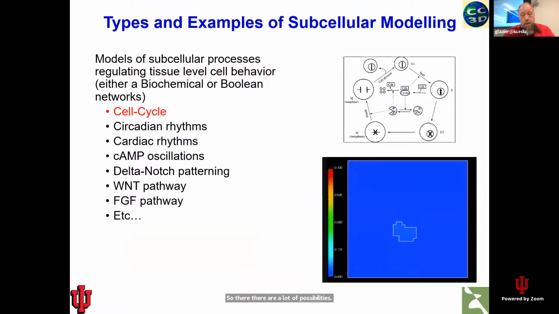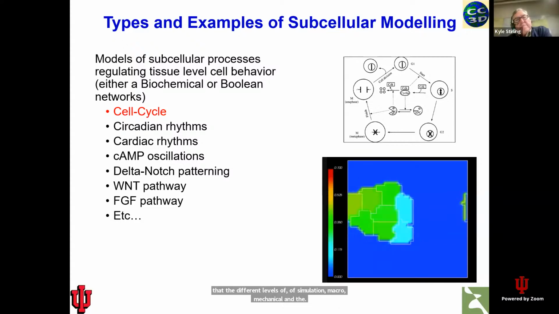This is the slide that TJ was talking about today in his session. He couldn't get it animated. That's sort of our default slide showing what CompuCell can do. It's pretty old, but it's showing the different levels of simulation, the macro, mechanical, and the fields, and then the subcellular networks.